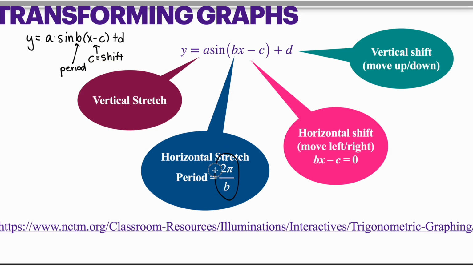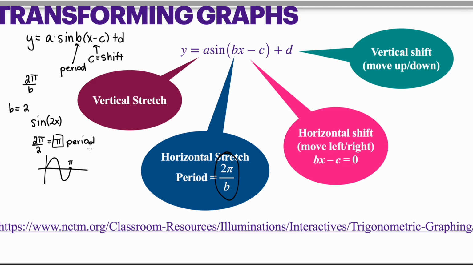And the period is actually a formula: 2 pi over b. So for example, if b represented 2, like sine of 2x, I'll do 2 pi over 2, which is pi. What that period represents is that the sine graph will completely do a full cycle every pi instead of every 2 pi.